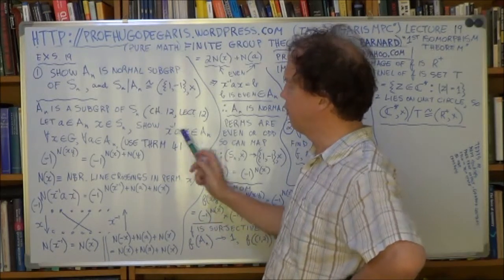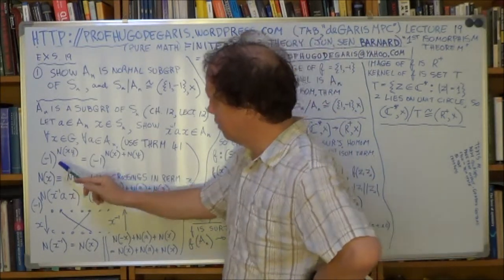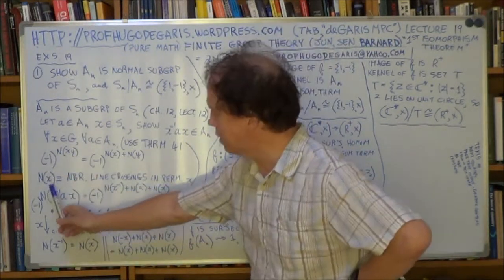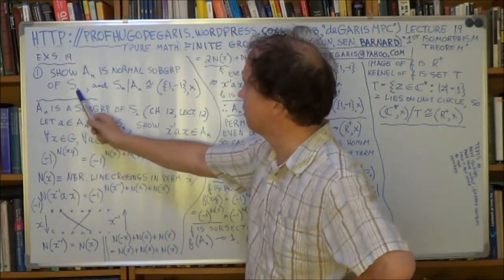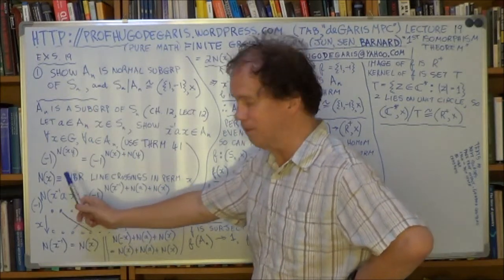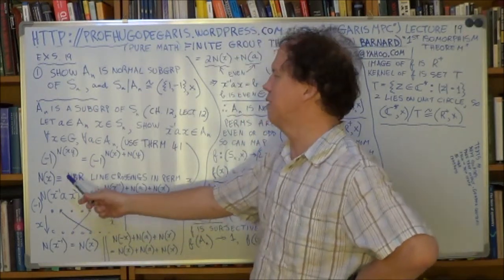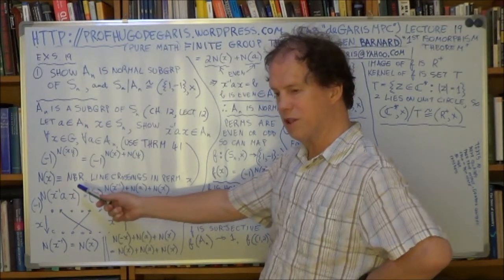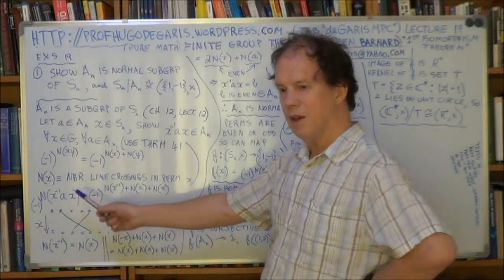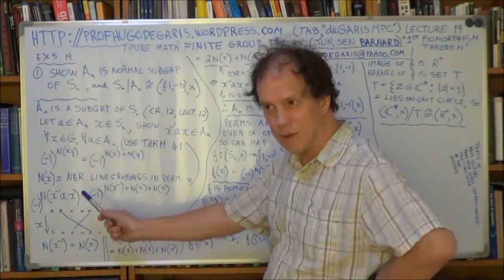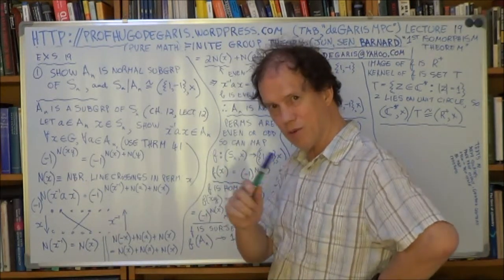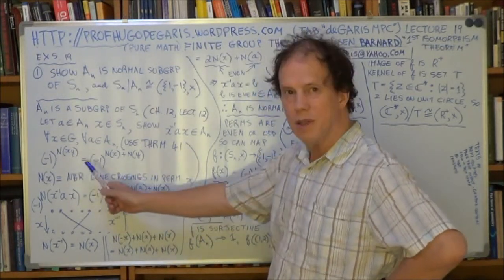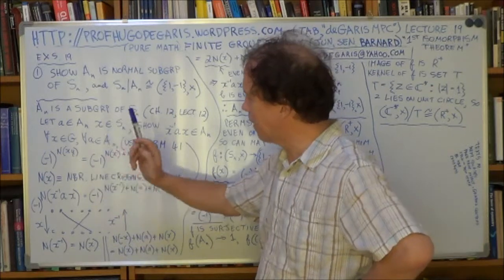Theorem 41 uses this n, and what is n? n of x, where x is just any permutation in your symmetric group, is defined to be, strictly speaking, the number of inverted pairs. What is an inverted pair? Again, go back to chapter 12. It'll take quite a while to explain, but we did it thoroughly in chapter 12.